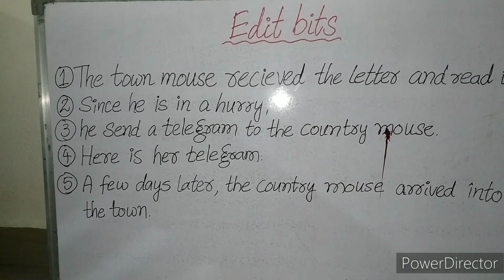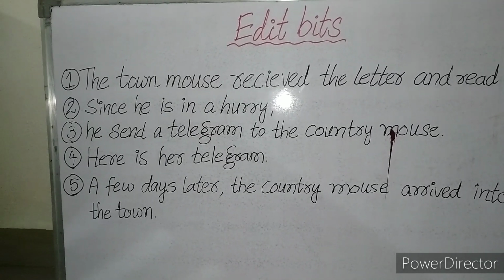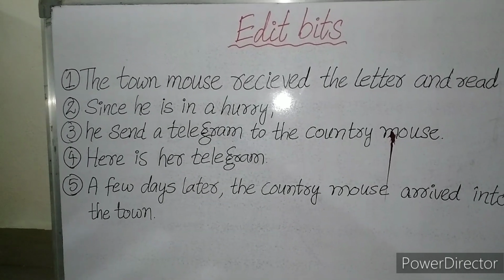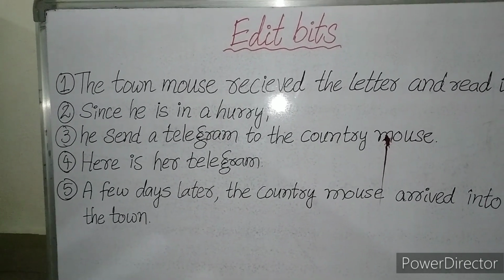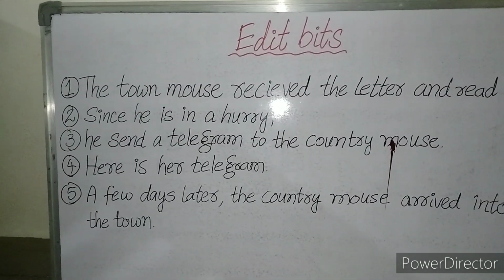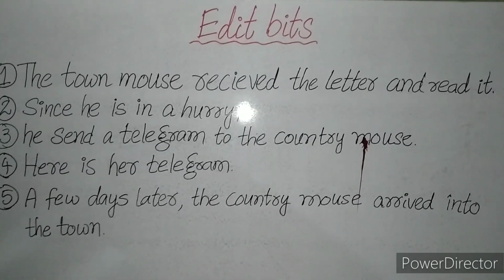Now you must know whether the passage is in the past tense or present tense. First, clarify whether the passage is in the past tense or present tense. If you know the passage is in the past tense, you have to choose past helping verbs, as I said before. Now you have to solve it.